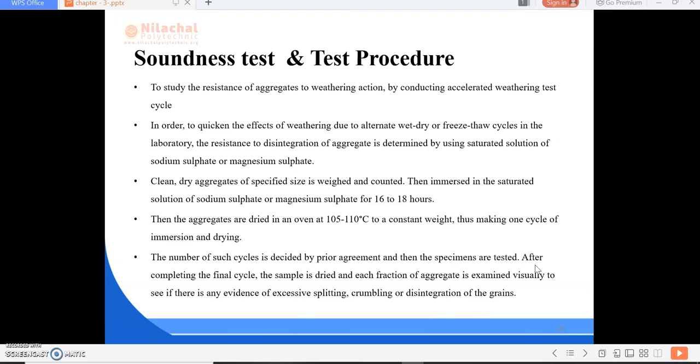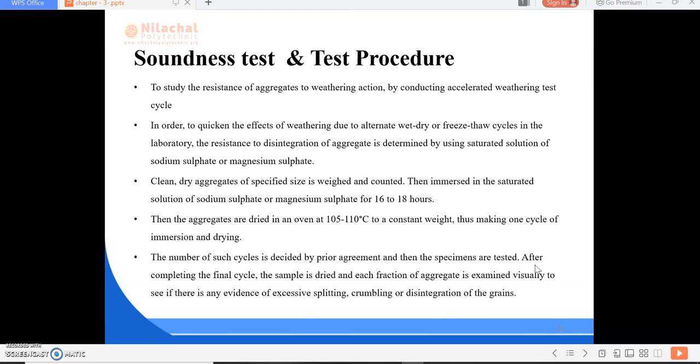Clean dry aggregates of specified size are weighed and counted. Then they are immersed in the saturated solution of sodium sulfate or magnesium sulfate for 16 to 18 hours. Then the aggregates are dried in an oven at 105 to 110 degrees centigrade to a constant weight, thus making one cycle of immersion and drying. The number of such cycles is decided by prior agreement and then the specimens are tested.